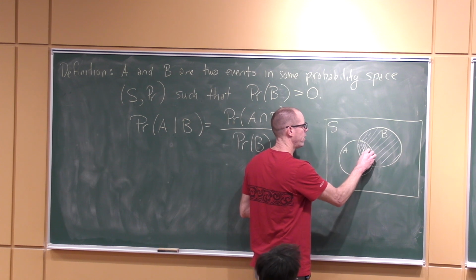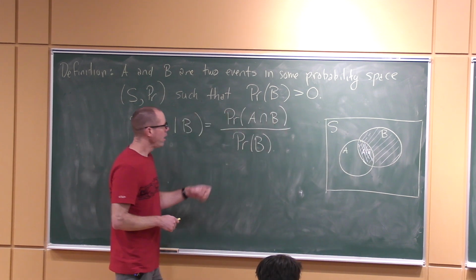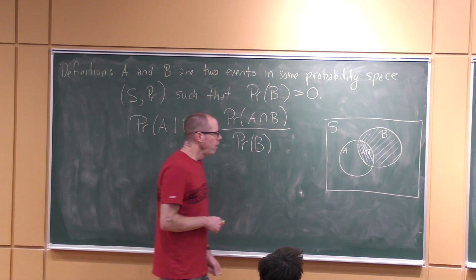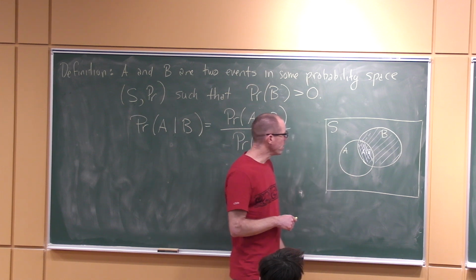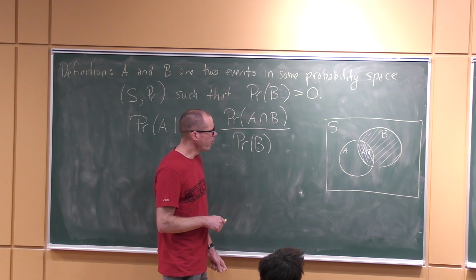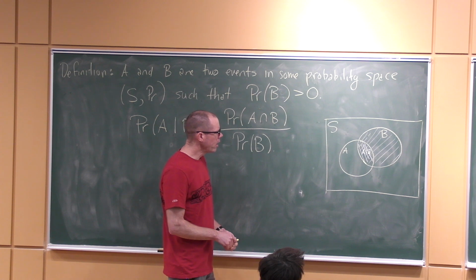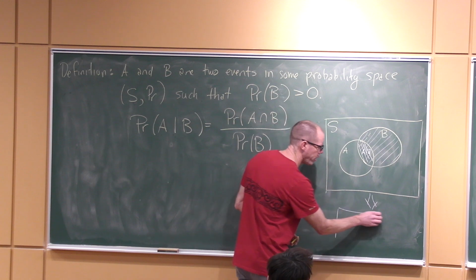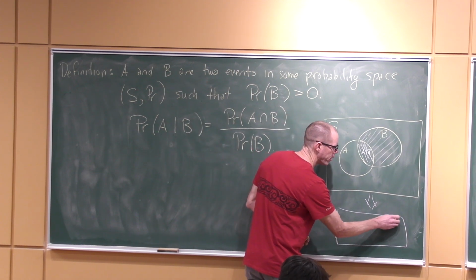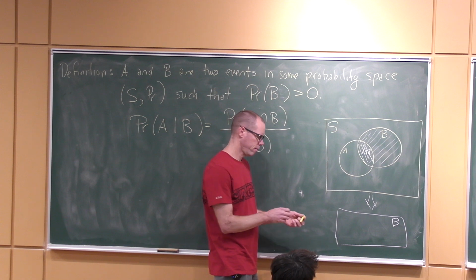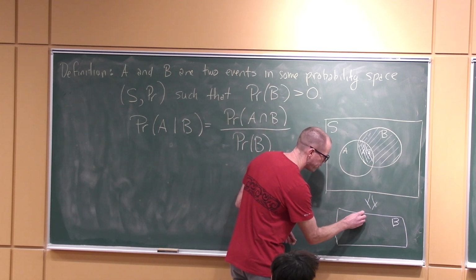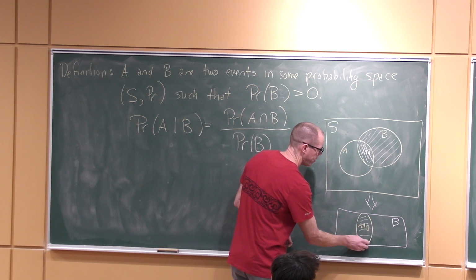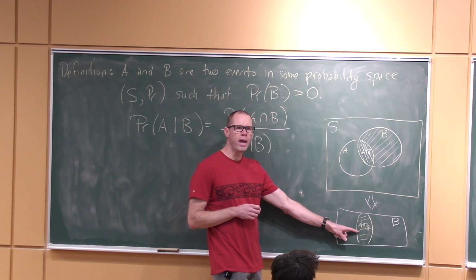This is the A intersect B, and then divides by the probability of B. If you think about this for a little bit, what's really happened is, just imagine that I change the experiment now so that the only thing that can happen is something in B. And sometimes that stuff that's also in A happens.